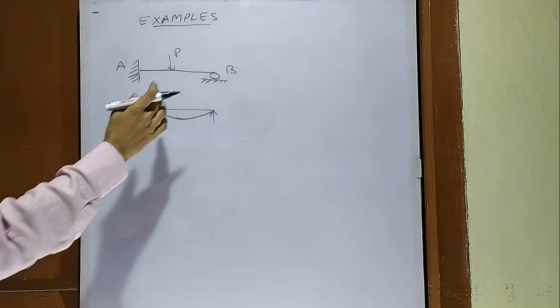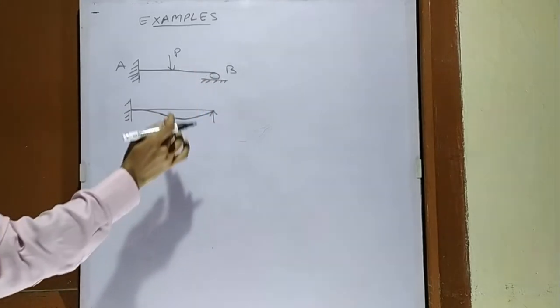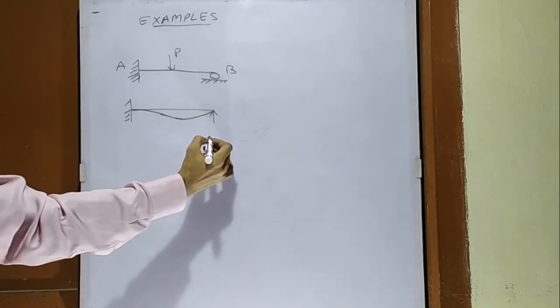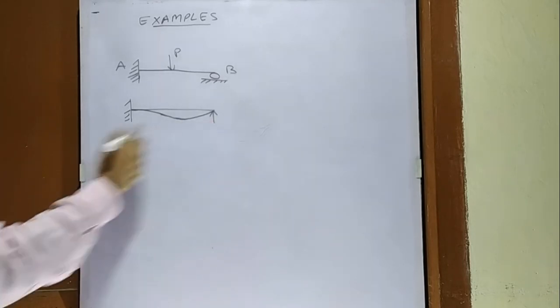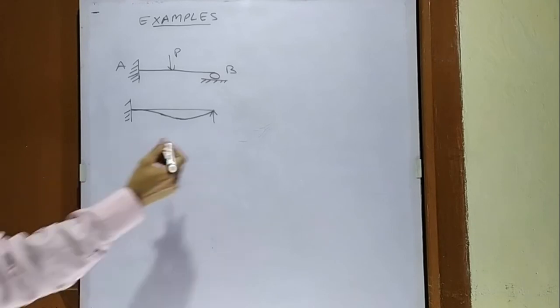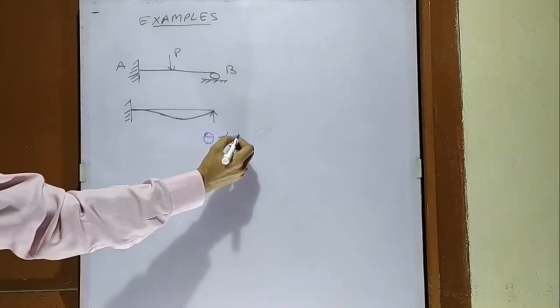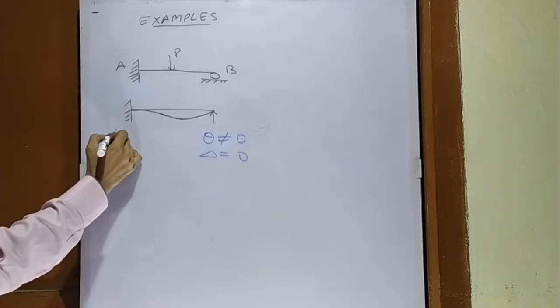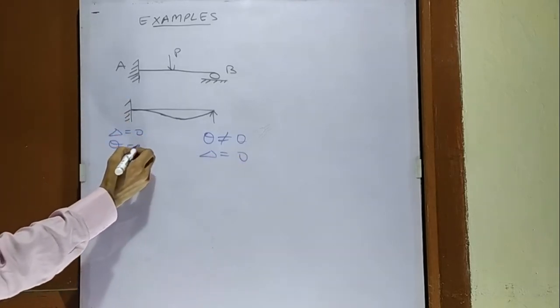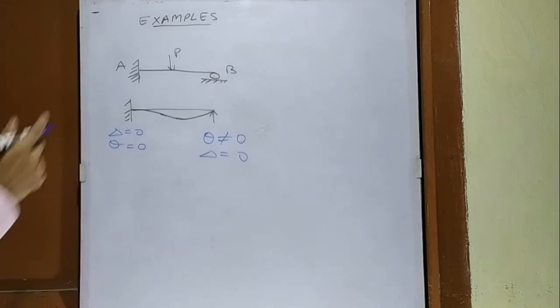We have seen that at roller support theta will not be 0 but deflection will be 0, and at fixed support deflection will be 0 and theta will also be 0.